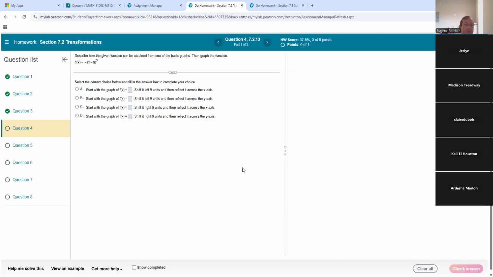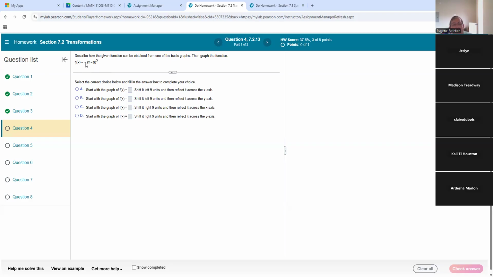So that's basically what y'all are doing on these. See, notice this one. It's a negative, and then x minus 9 inside parentheses cubed. So we know this is the x cubed graph because of that exponent of 3. Since the 9 is negative inside the parentheses, it's going to move you right.